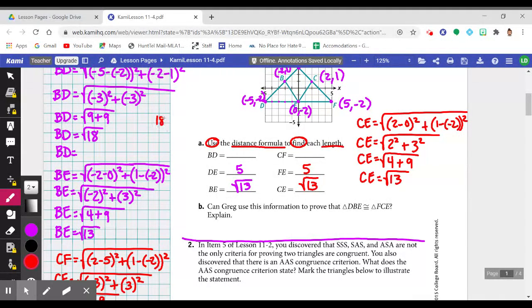So factors of 18 are 1 and 18, of course, and 2 and 9, and 3 and 6. So the largest perfect square factor of 18 is 9. So we're going to rewrite square root of 18 as the square root of 9 times the square root of 2, because 9 times 2 is in fact 18.